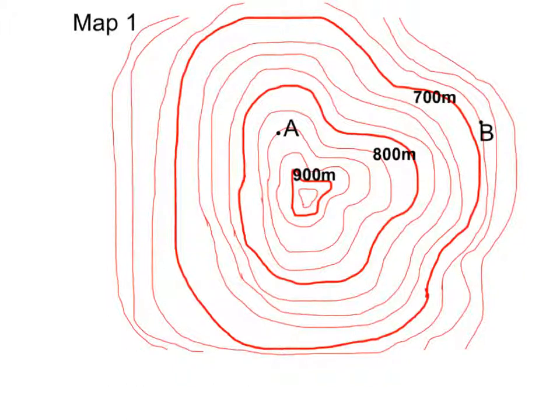Now it's your turn to try. Using the steps we previously discussed, please find points A and B for map 1. You will take a marker, go to a dry erase board, write the word map 1, A, and then calculate the point. Do the same for map 1B, then move on.